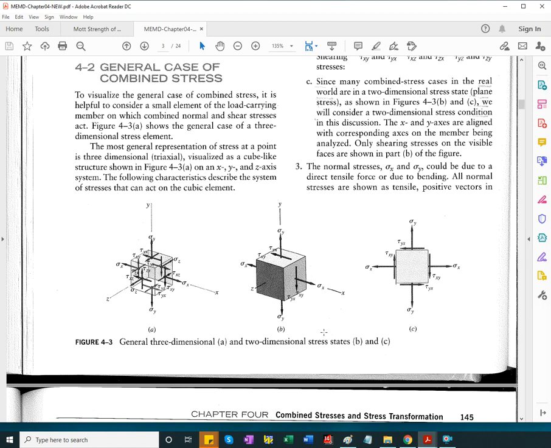So if we have a bar, we orient the element where the longitudinal axis of the bar is the x-axis of the element, and the transverse axis of the bar is the y-axis of the element, and then go from there. It makes the analysis easier, because you're going to calculate sigma x, sigma y, tau xy, and from there you want to find how the stresses change as the orientation of the element changes.